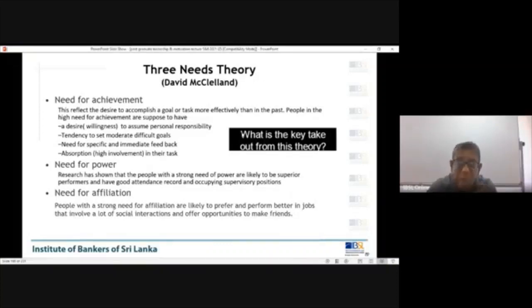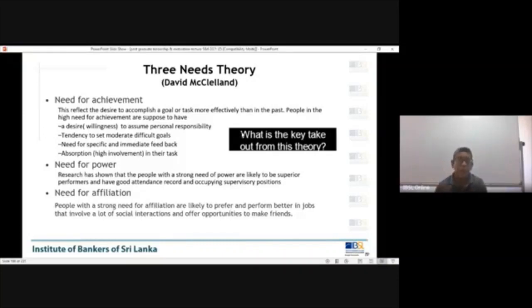Having identified those people's need requirements, you put them into these jobs. If you want to motivate someone to do a better job, you have to design the job or identify the correct person for that job. Specifically, a person with a need for affiliation must be put in public relations, dealing with the public, building relationships and networking. You select those people for that.